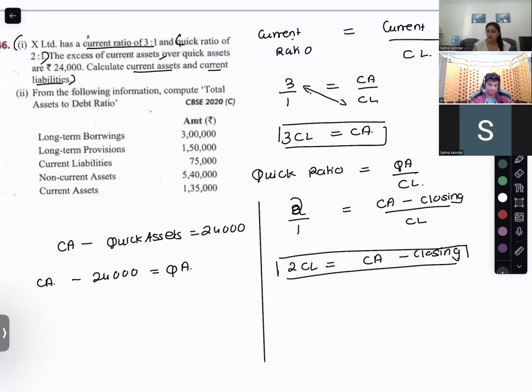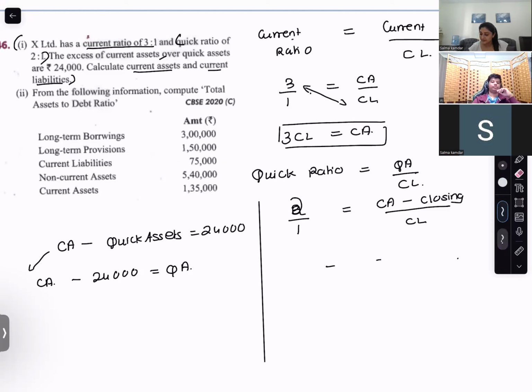Yes, you can. I just rephrase this equation. When I rephrase this equation, I don't need the earlier one. I'll write quick assets only.